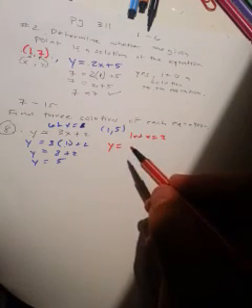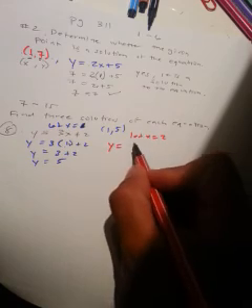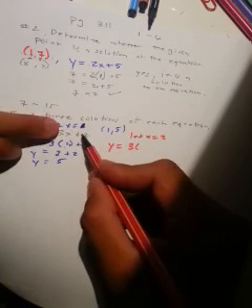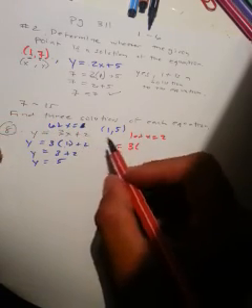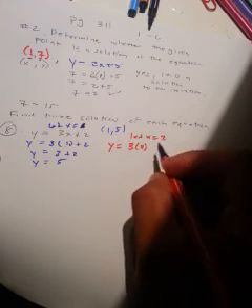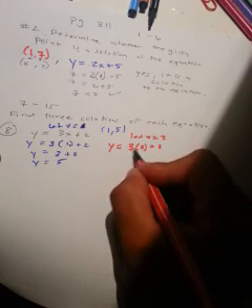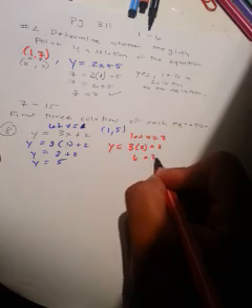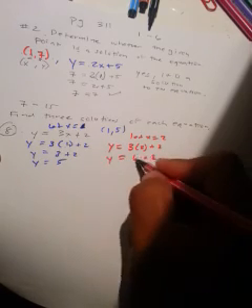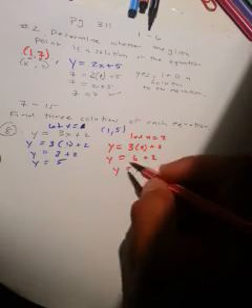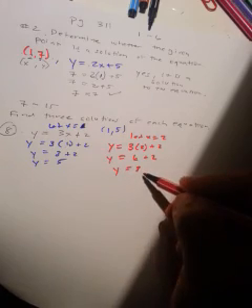What would be my output? So 3 times, and I'm still using the same equation, 3x plus 2. If I substitute that x with 2, I get 3 times 2, which is 6. Bring down the 2. So now 6 plus 2 is 8. So therefore my new y output is 8.